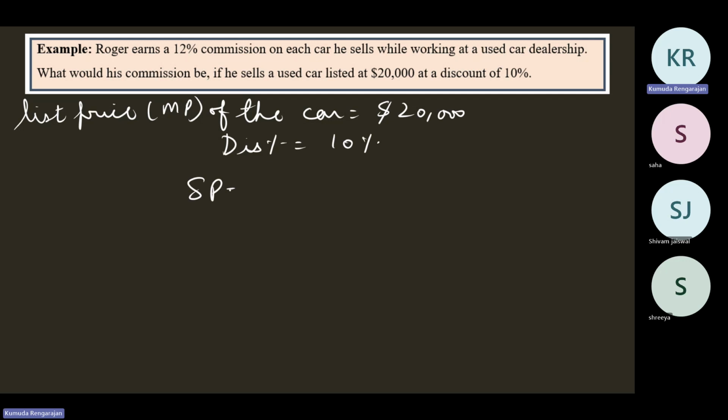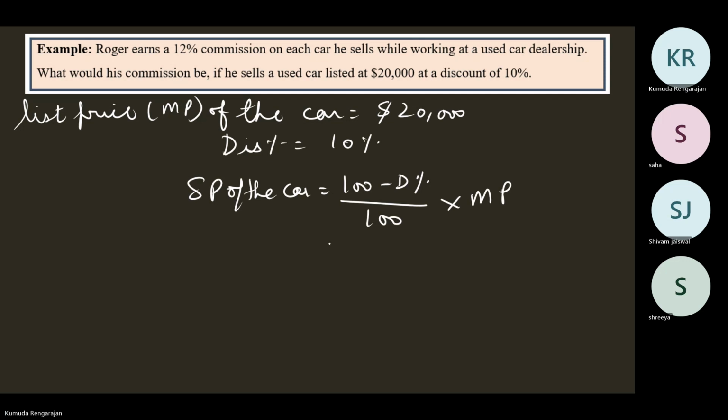Selling price of the car is equal to, for selling price, we'll always have 100 minus D percent or L percent or 100 plus profit percent in the numerator by 100 into MP or LP, list price.